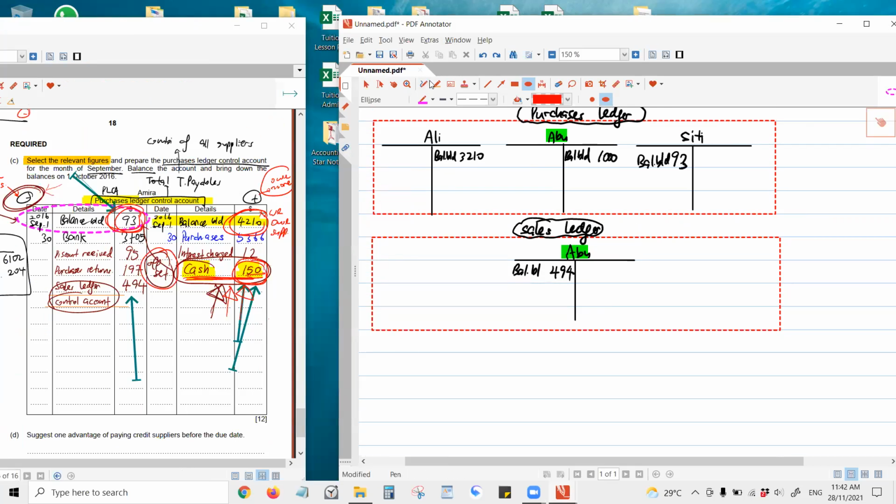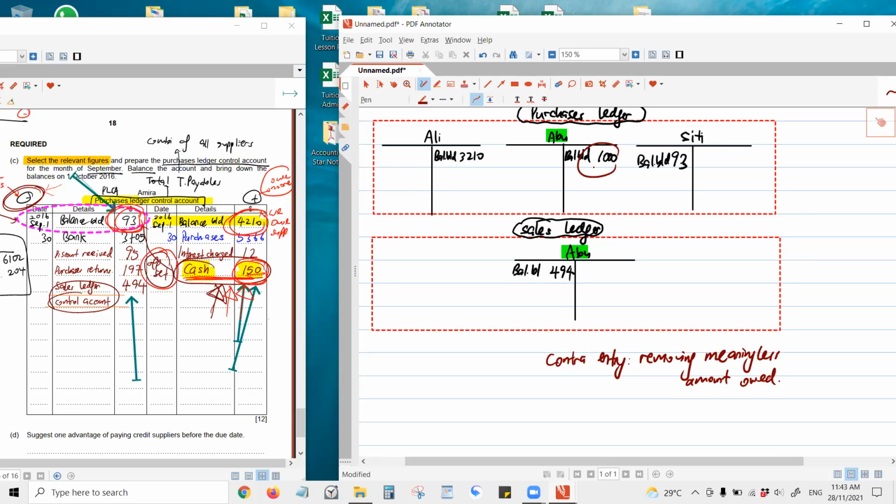You have to first understand that we settle Abu first. We talk about contra entry. Contra entry means we are removing the meaningless amount. So we look at Abu.